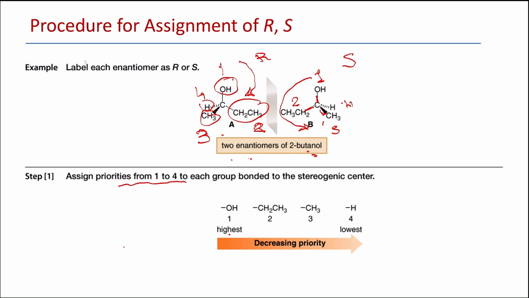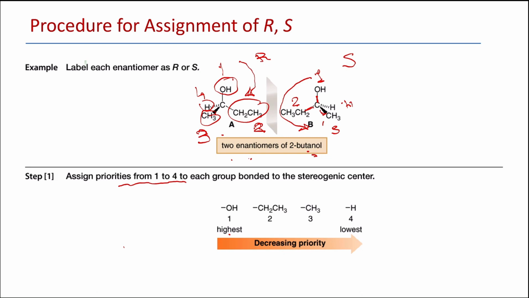Remember that tetrahedral carbons have two planes, and not all the bonds are in the same plane. When you look at the molecule, there will always be a group that goes beyond the plane of the page, because there are two different planes for the molecule.